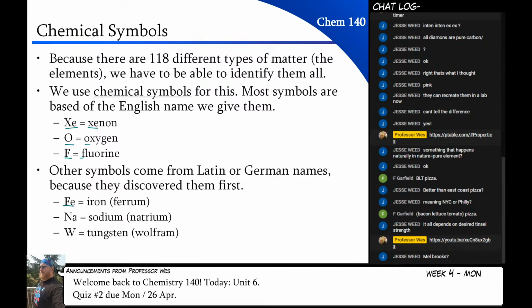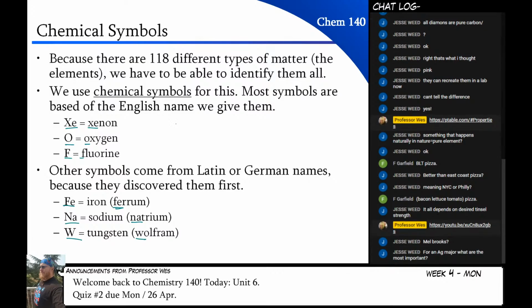But you'll notice that for things like iron and sodium, they're based off of Latin names, and for tungsten, it's German. Most of the time you're going to see the first 1 or 2 letters. You do get some weird things. For example, chlorine has an H in it, but nobody really remembers that because the symbol is Cl.